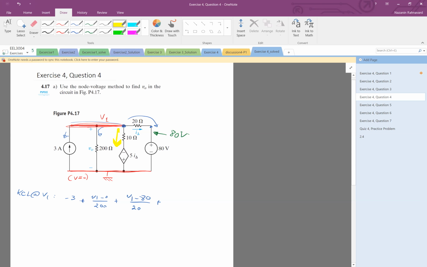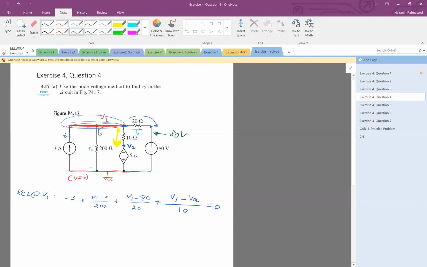So for that one is V1 minus this voltage divided by 10. So let's just call this VA or something. Therefore V1 minus VA divided by 10, and the sum is equal to 0. So this is the KCL for these 1, 2, 3, 4 branches that are coming out of this V1.